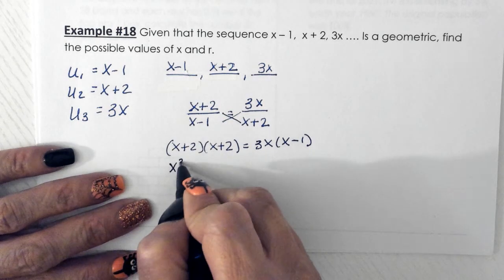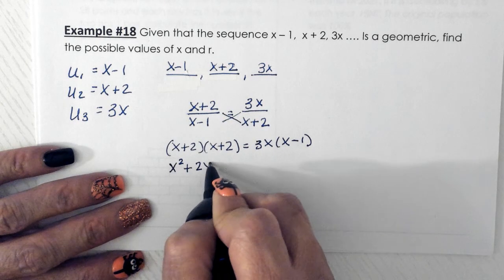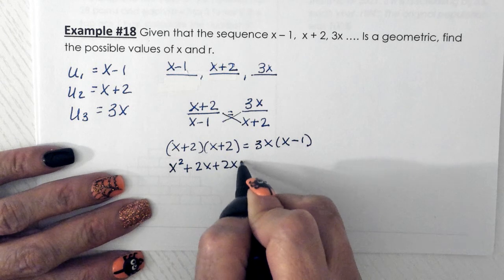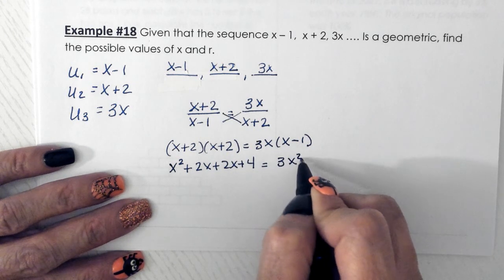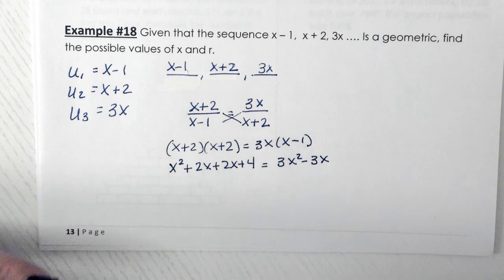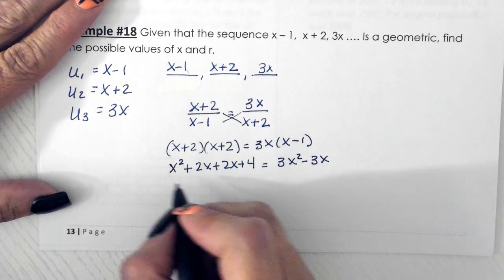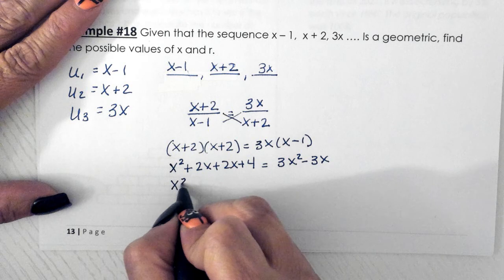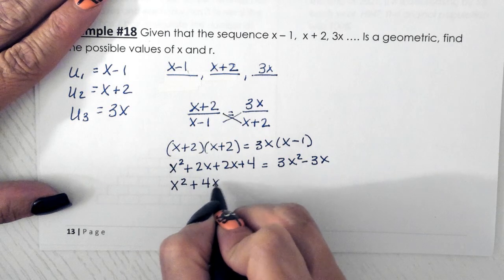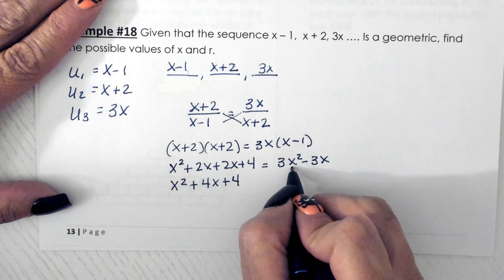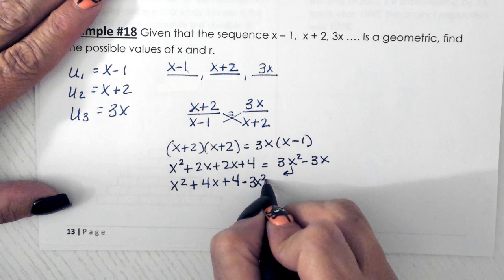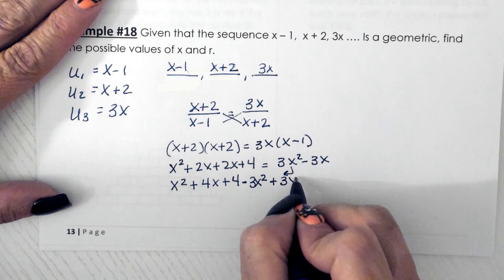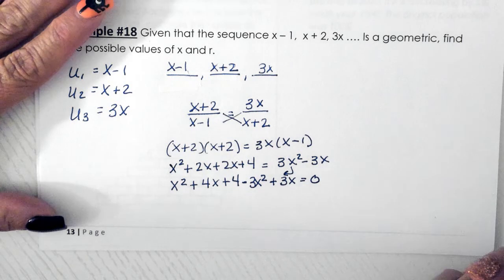So this would be x squared plus 2x plus 2x plus 4 equals 3x squared minus 3x. Let's get everything on the same side. So this would be x squared plus 4x plus 4. I'm going to move these over here. So that would be minus 3x squared plus 3x equals 0.